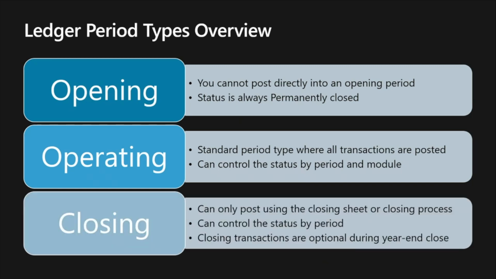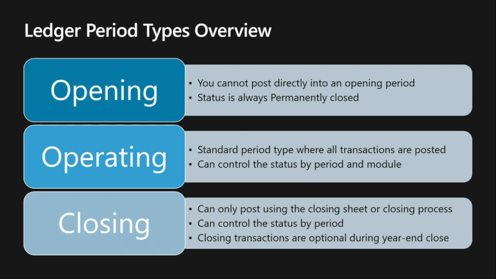The last type of period is the closing period. This is another period that is automatically created by the system for each fiscal year within the calendar. By default, the status of this period is set to on hold, and you can manually open the period if you're going to post into this period.